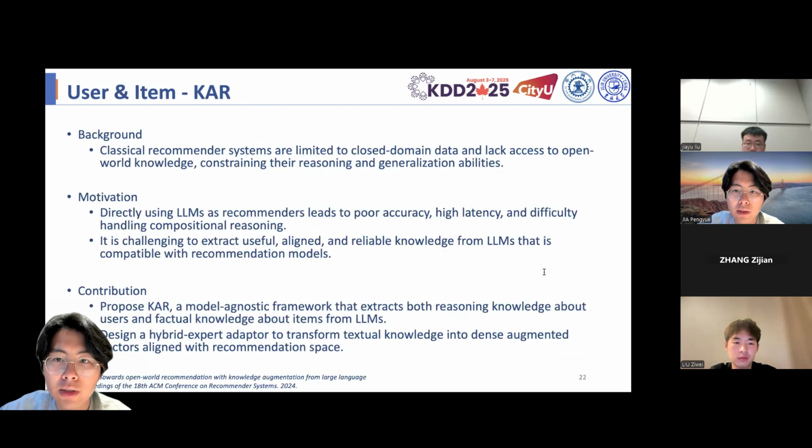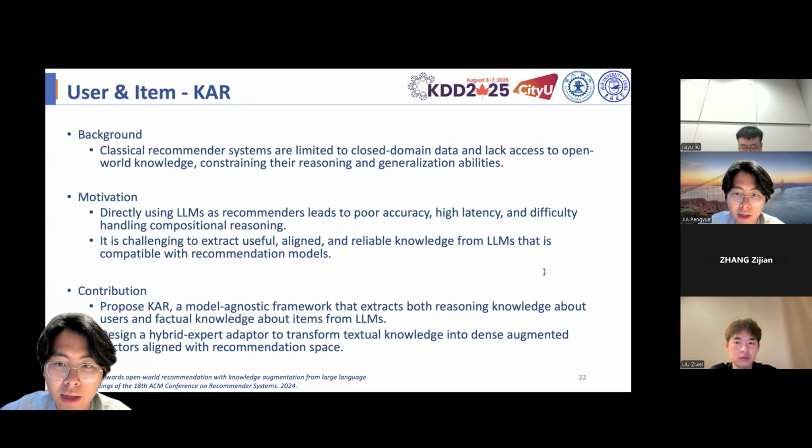And for the user and item combination, we introduce KAR. KAR is designed to break the boundary of closed world recommenders by introducing external knowledge from large language models. Existing recommender systems work only on in-domain behavior data, missing the valuable common sense or reasoning capabilities.